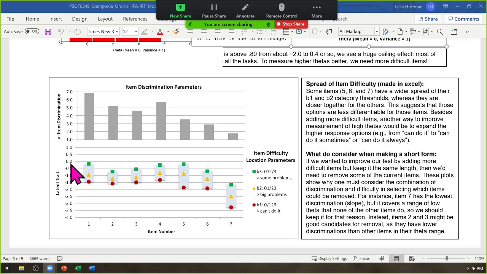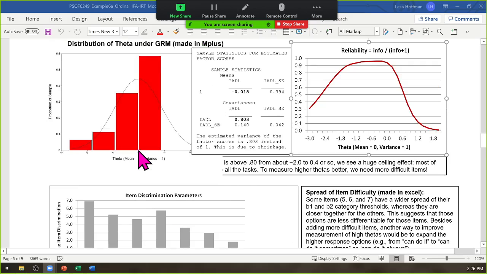People with an average theta level can do all of these things. So they answered 3 to all 7 items, and I have no idea how able they are because I don't have a measurement for that. And that's why my histogram looks like this. So I have a giant ceiling effect because these are people who answered the highest response to all 7 items.